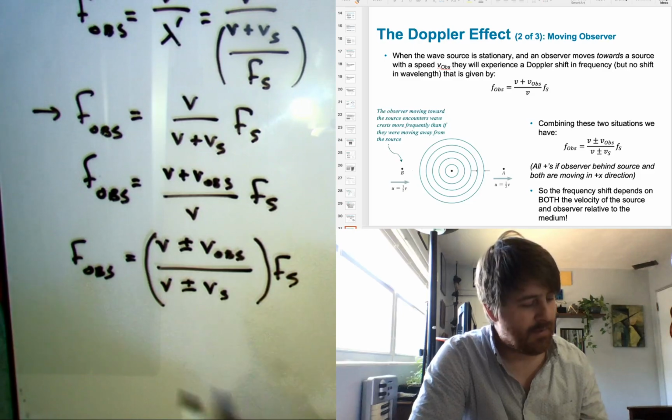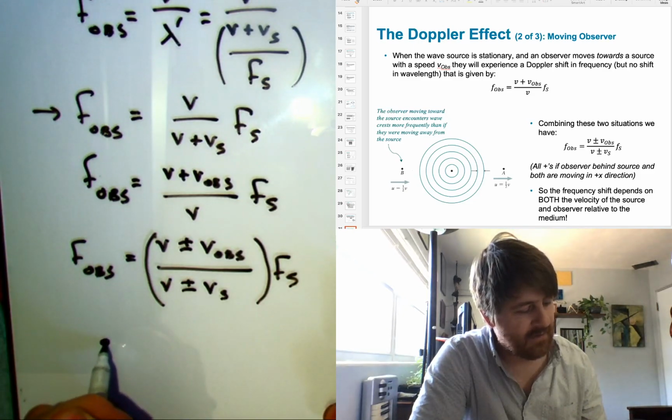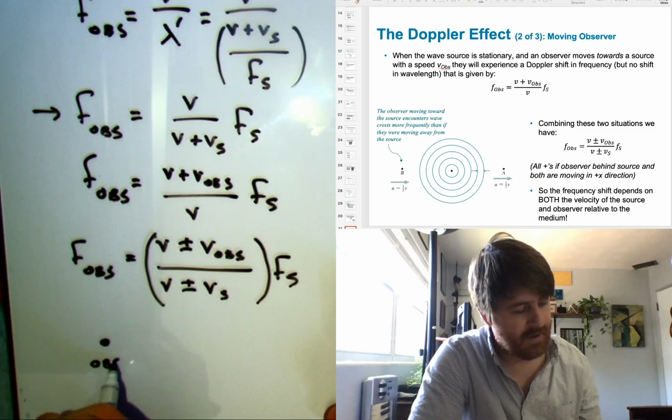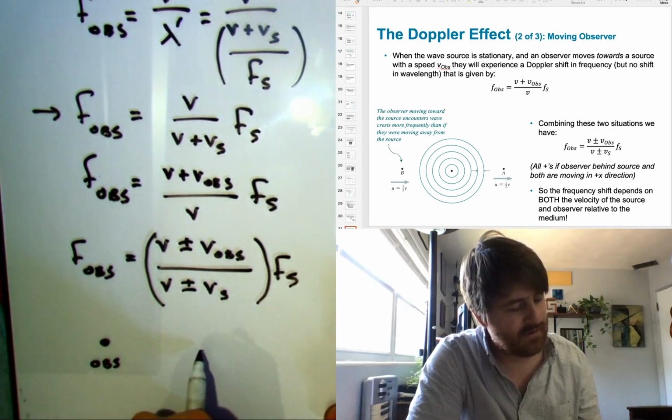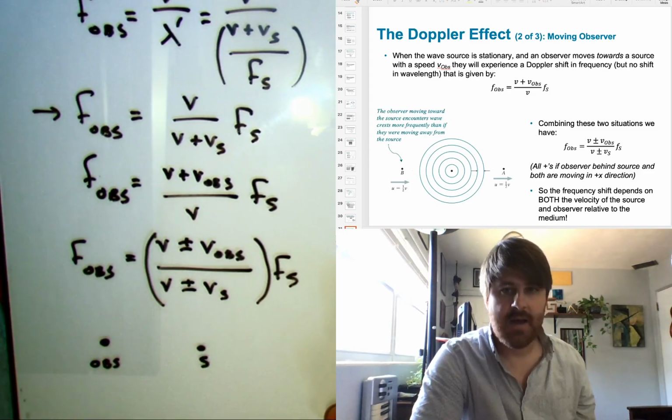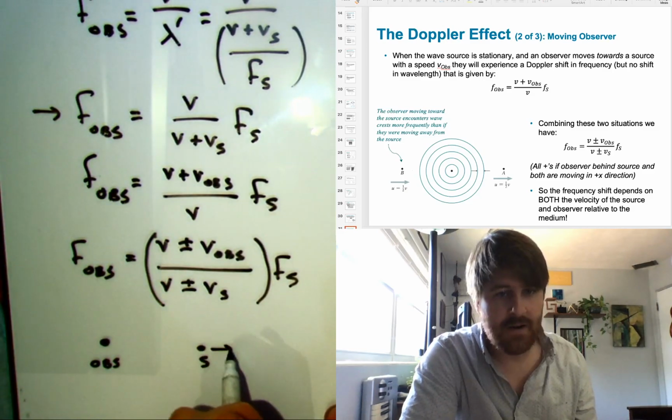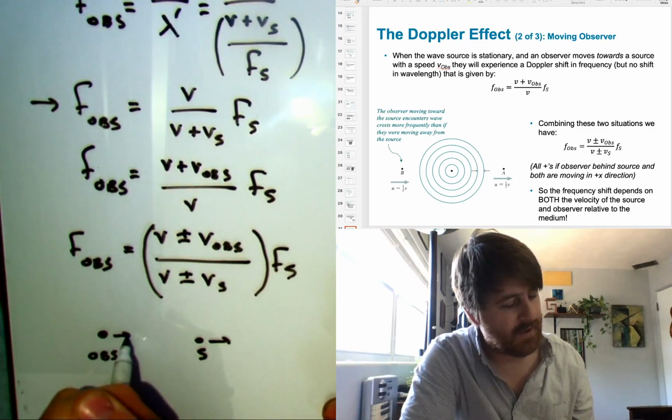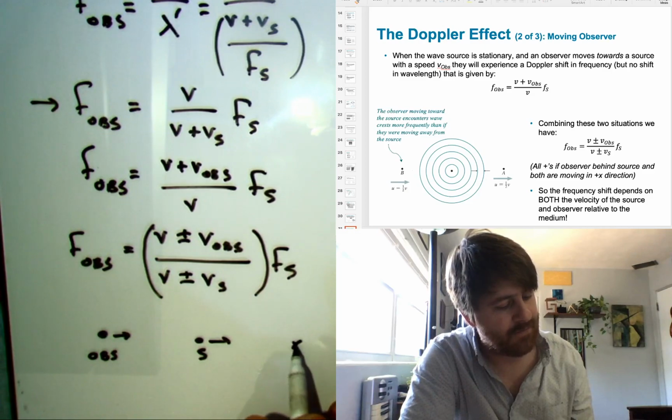Now, something to keep in mind here: this is the case where the observer is behind the source, and both the observer and the source are moving in the positive x direction.